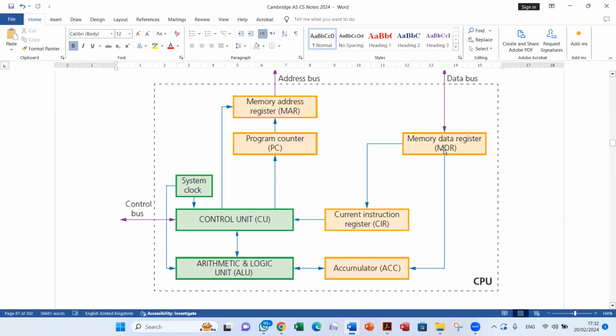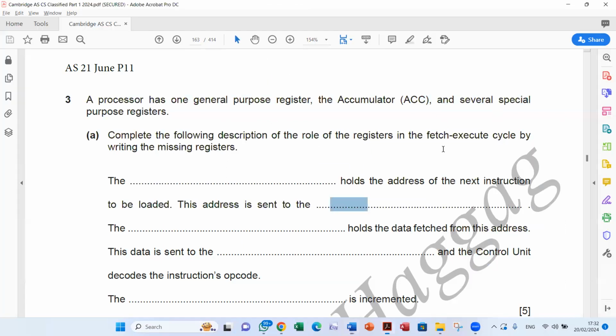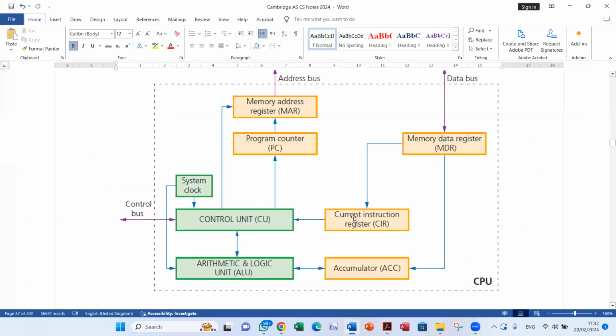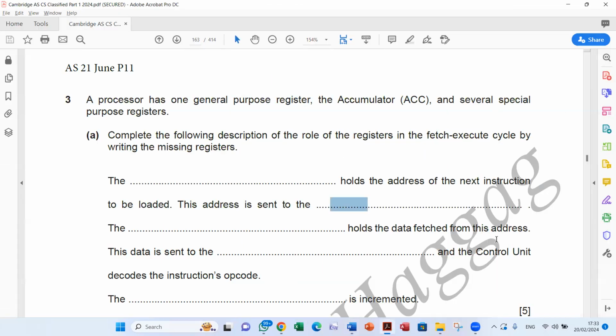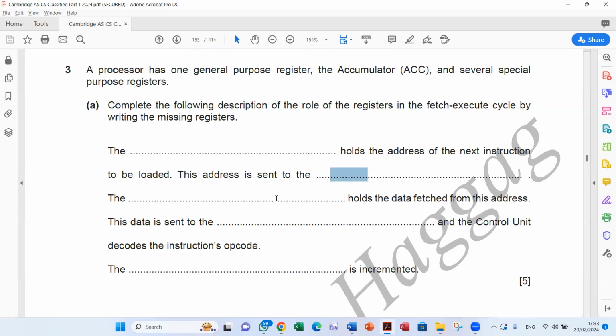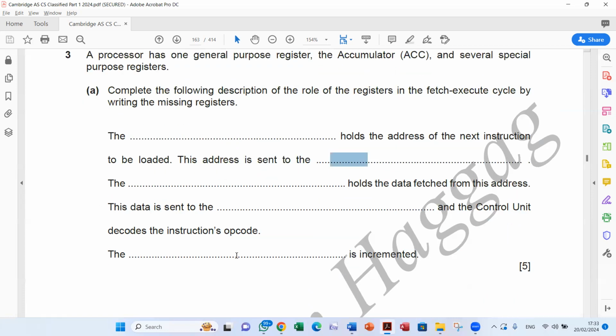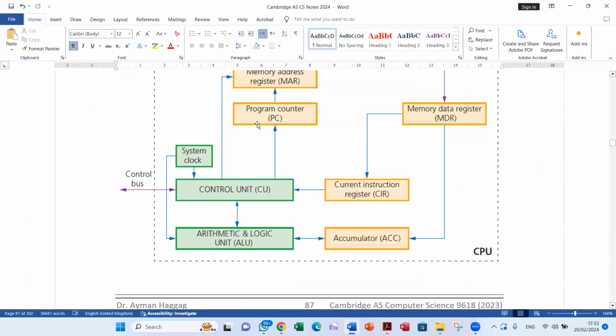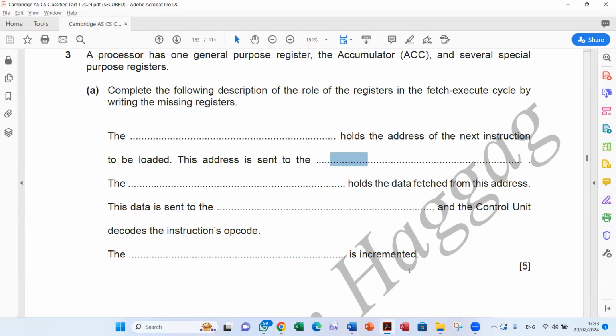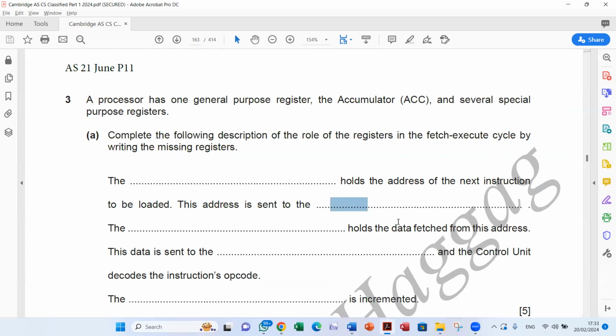The memory data register MDR holds the data fetched from this address. This data is sent to the current instruction register CIR, and the control unit decodes the instruction opcode. Next, the program counter is incremented by 1 to point to the instruction after.